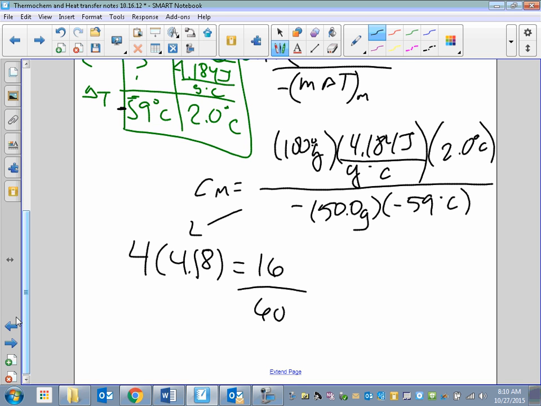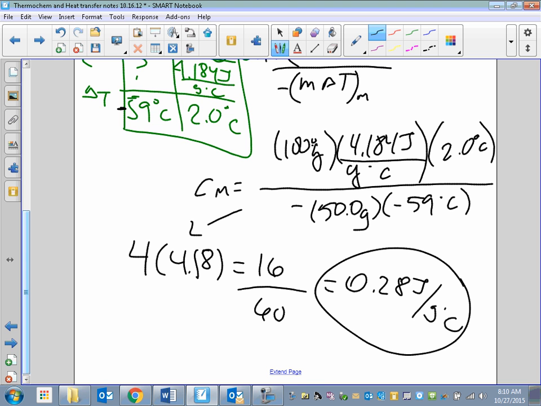Small number, right? 0.2, 0.3. I'm not sure. Probably 0.25. Yeah, so that's about 15 over 0.28. See how awesome you guys are? You can do math mentally.